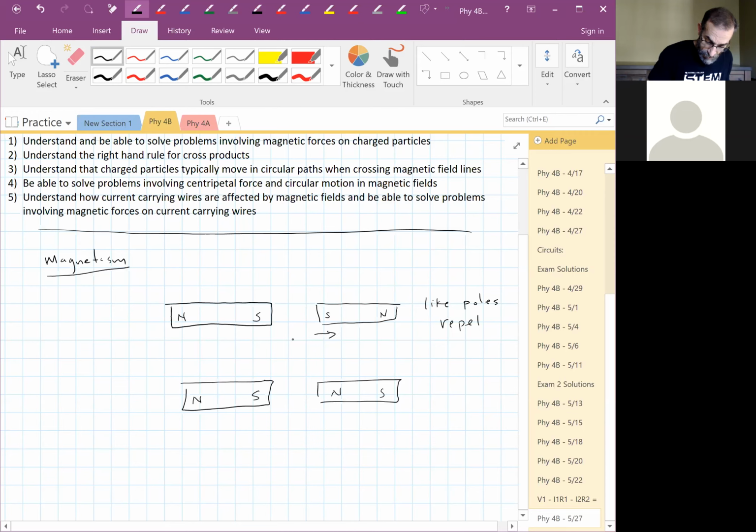So these two would feel a force in this direction, and these two would feel a force in that direction. Okay.